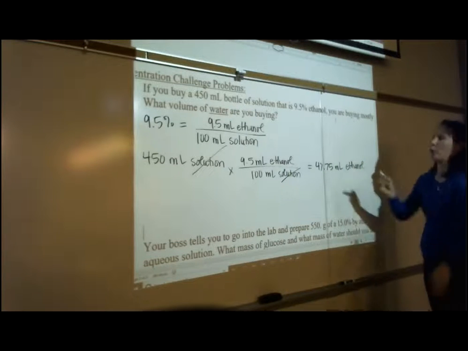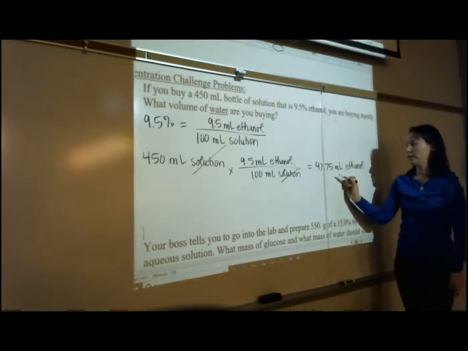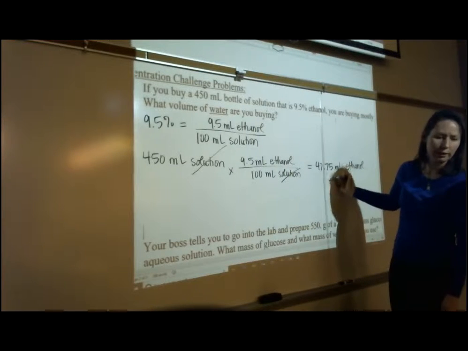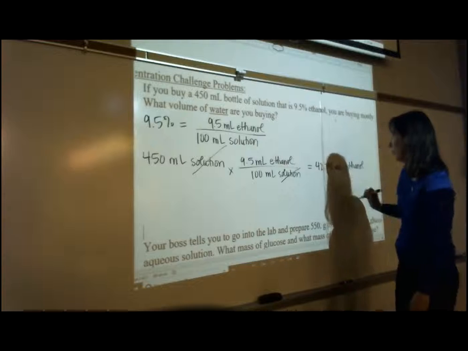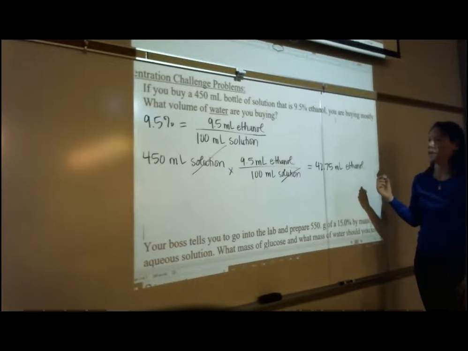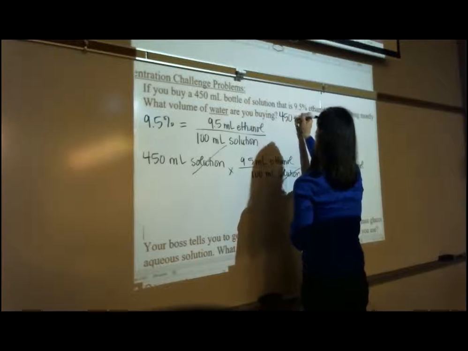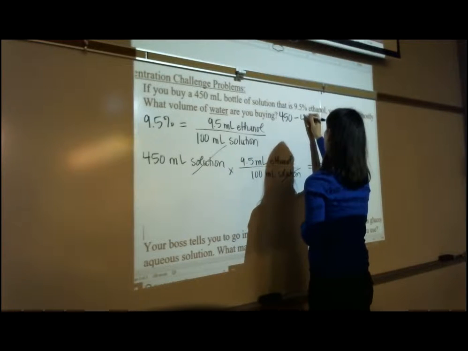So out of my 450 milliliter bottle, 42.75, what was that? Is that 7? I can't read. That's a 2. Can't read my own handwriting. 42, essentially, are ethanol, right? The rest is water. So what volume of water are you buying? It's just 450 minus 42.75.